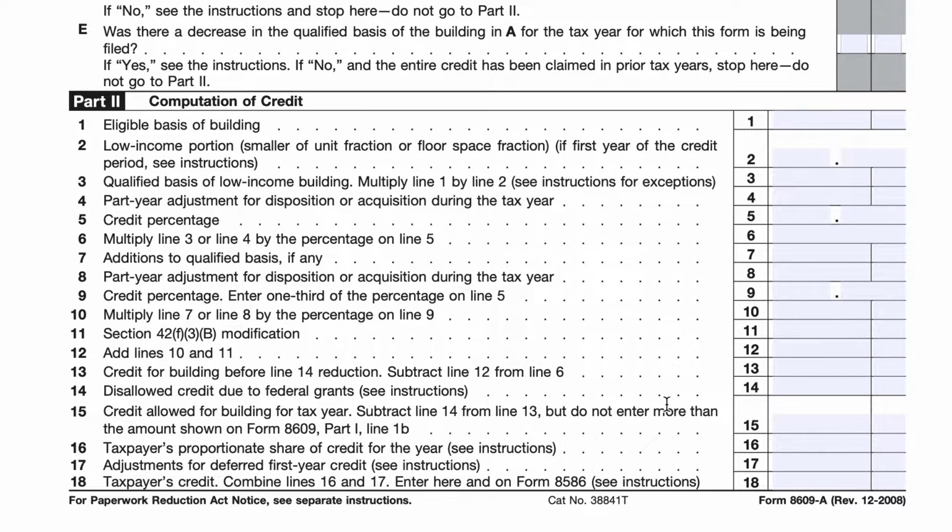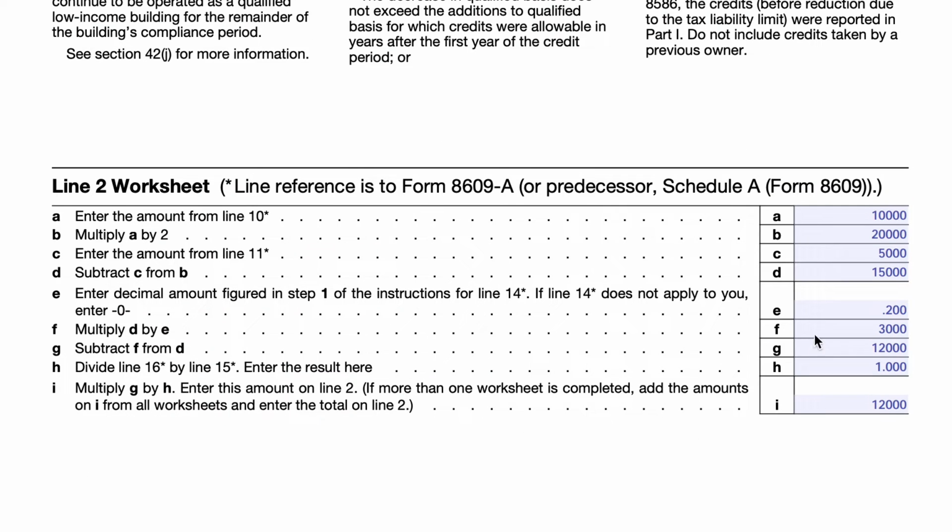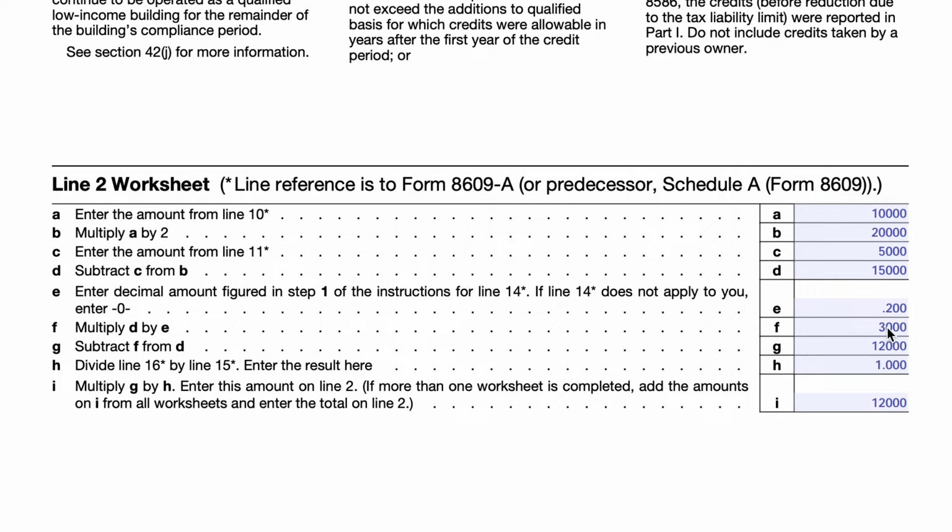So in this case, we came up with a calculation that 20% of this amount is the applicable percentage. So we're going to multiply the 15,000 by the 20%. That gives us 3,000. We're going to back that out, and that gives us $12,000. Now that is what is eligible here on line 2.